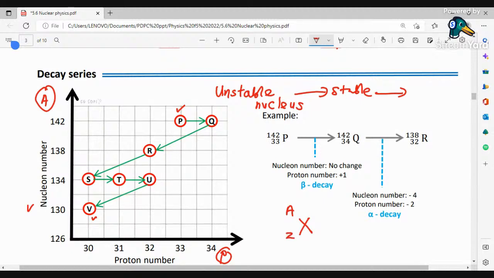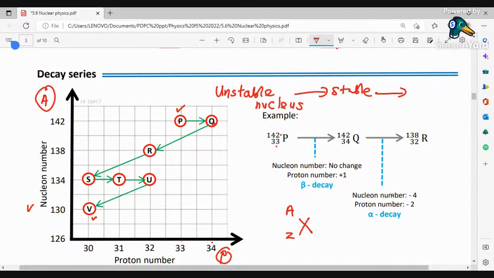Okay, how to read? For P ni ialah the nuclear number 142, proton number 33. Maksudnya untuk elemen P ialah 142 33. Okay, 142 33 become Q. What is Q? Q is 142 34.